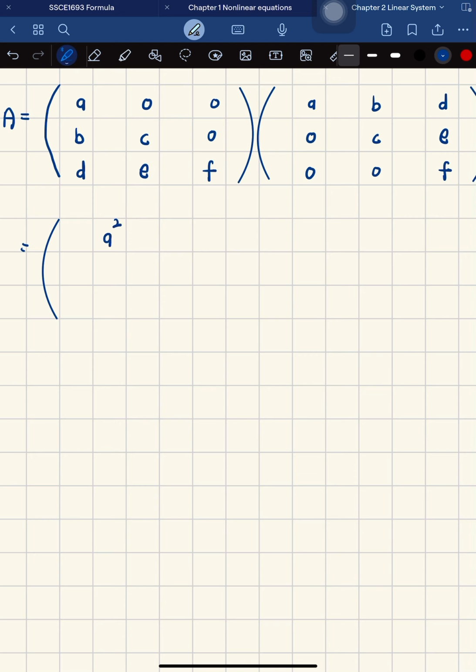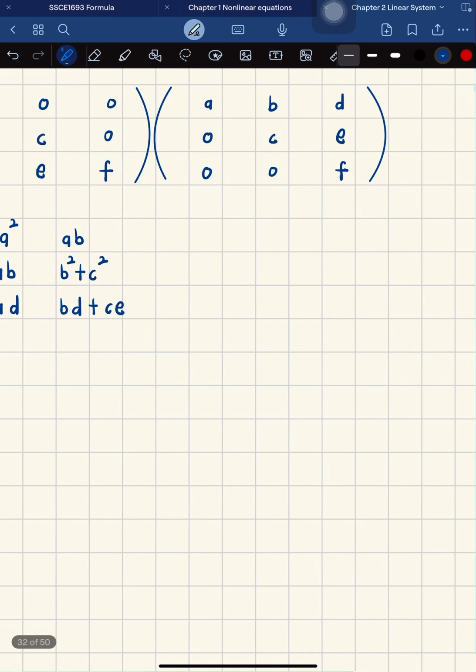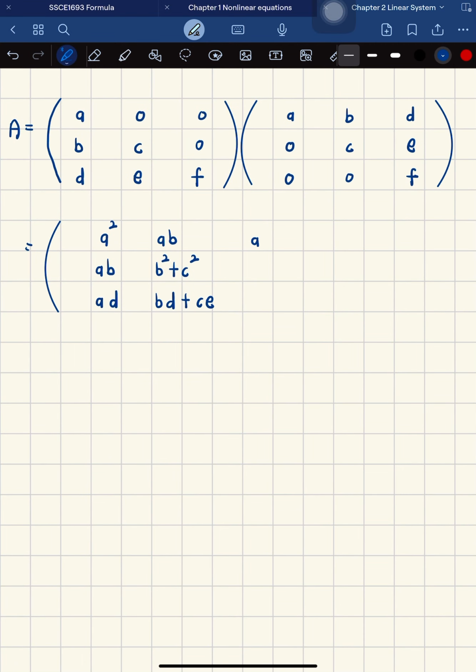A squared, AB, AD, AB, B squared plus C squared, BD plus CE, and then AD, BE plus CE, and then D squared plus E squared plus F squared.